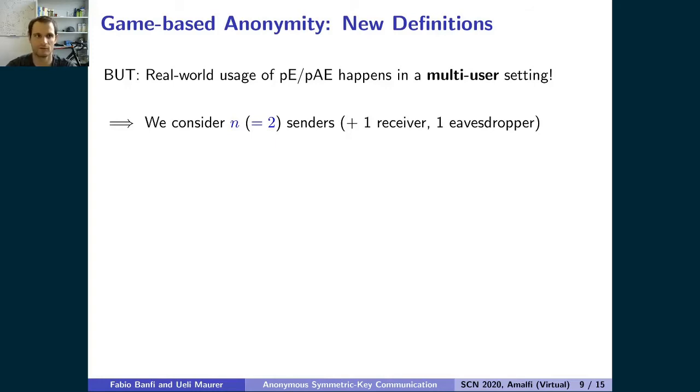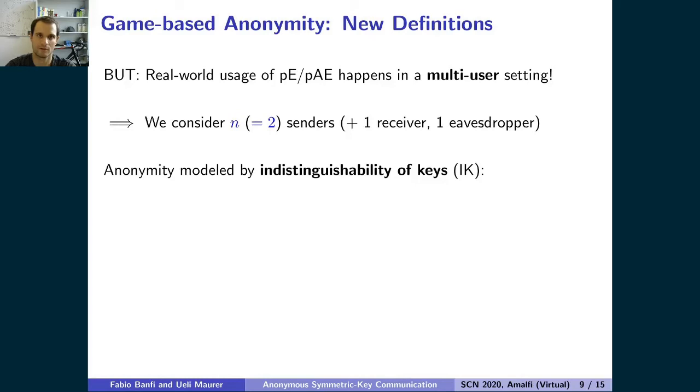So we can think of this as the case where many people connect to the same server. In this case, we need to enhance the security definitions that we just saw in both the game-based setting and the composable setting. And to do this, we additionally introduce the concept of indistinguishability of keys, IK.